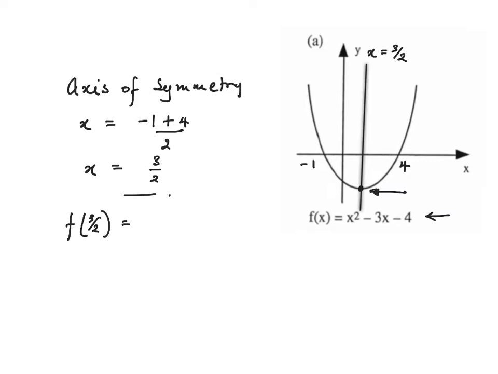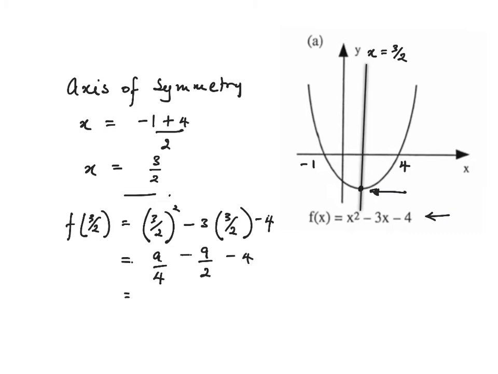And that gives 3 over 2 squared minus 3 times 3 over 2 minus 4, 9 over 4 minus 9 over 2 minus 4. And we convert all these to a fraction over 4. Multiply top and bottom by 2.